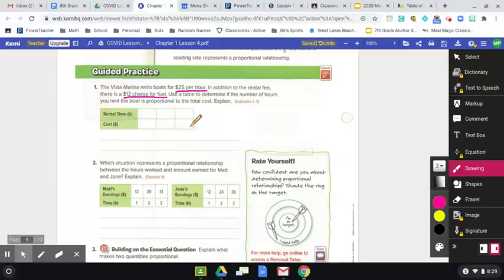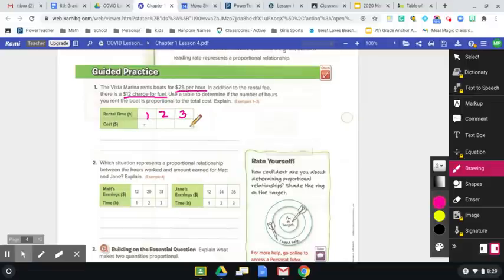So let's talk about rental time. Let's say we rent the boat, let's say 1 hour, 2, and up to 3. So if we rent the boat for 1 hour, how much is that going to cost us? Well, if we come back to the story, remember it said $25 per hour, but we also have to remember that in addition to the rental fee for the boat, there's a $12 charge for fuel.